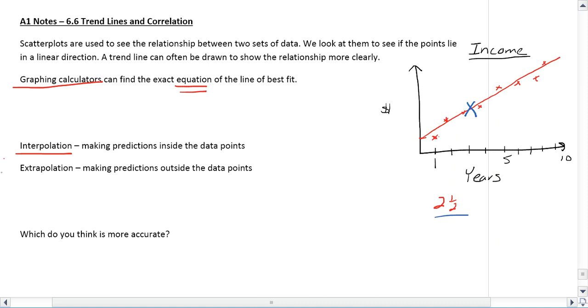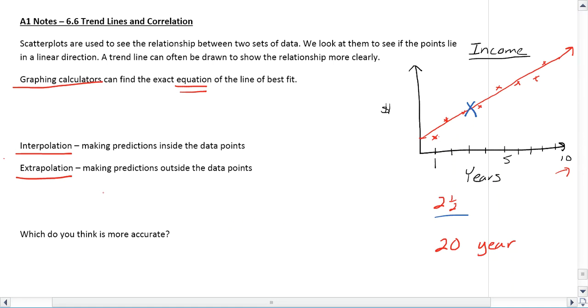Now, outside the data points, when we're talking about extrapolation, that means using our line and predicting where would we be at the 20-year point. Well, we could follow this line on, and continue this out to 20 years and then see where it leads us.